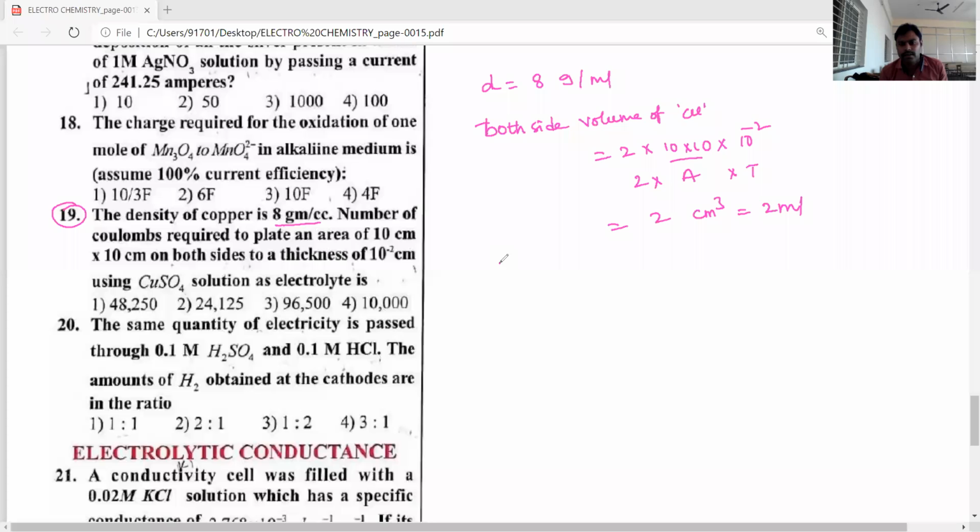So 1 ml of copper has 8 grams. In 2 ml of copper, 16 grams are present. Now in the question, 16 grams of copper is present. Using copper sulfate solution, electrolyzed, how much current is required? The density of copper they gave, the number of coulombs required.